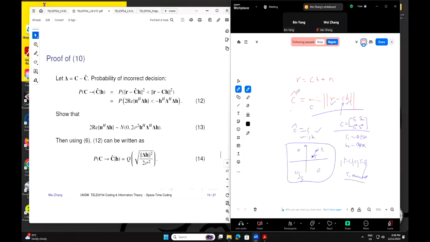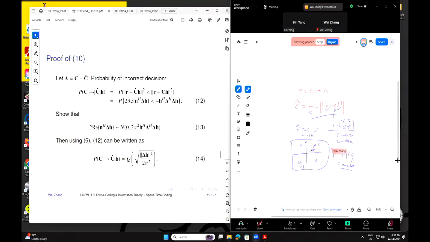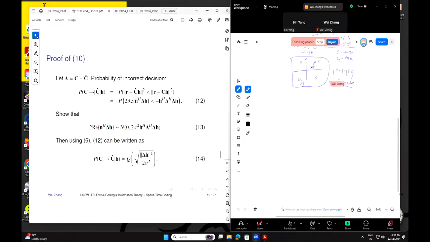Now let's go back to C here. If C hat is not equal to C, what does it mean? Remember what C hat is?